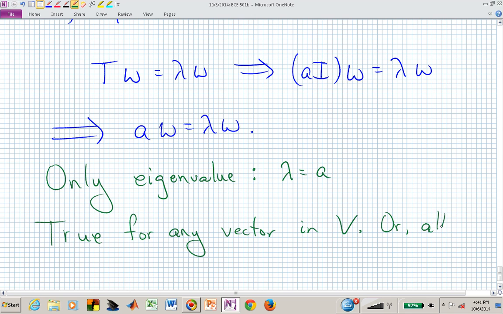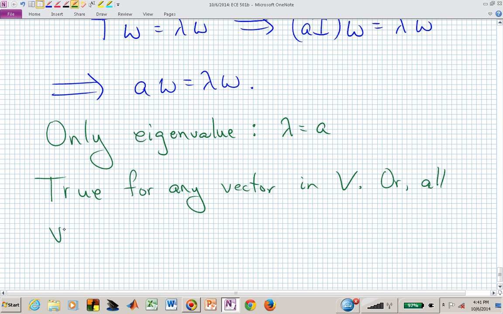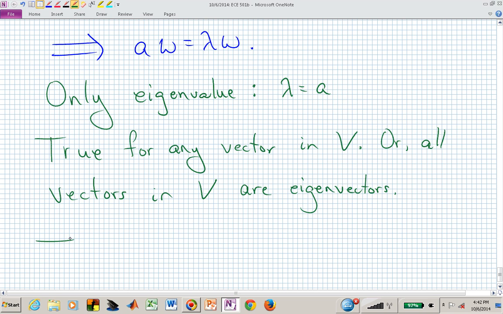Or we could say all vectors in V are eigenvectors. Or another way of saying that is the direction. We started out at a 45-degree angle, for example, and we operated on it by AI.